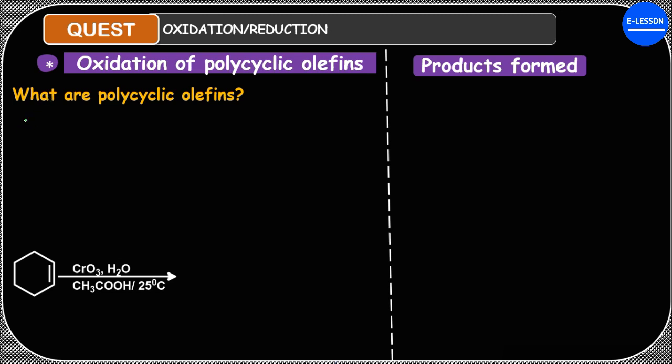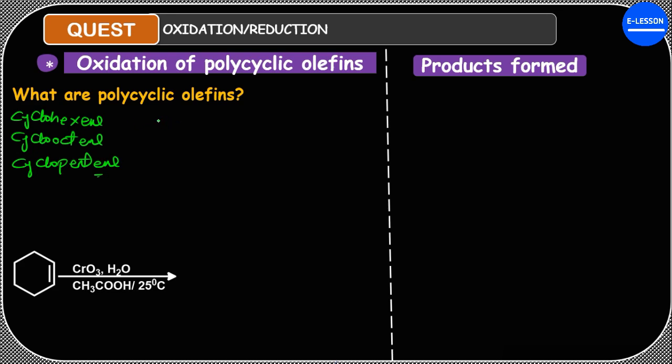Now, polycyclic olefins are compounds like cyclohexene, right? They are compounds like cyclooctane. They are compounds like cyclopentane. These are cyclic compounds that actually have a double bond in them.